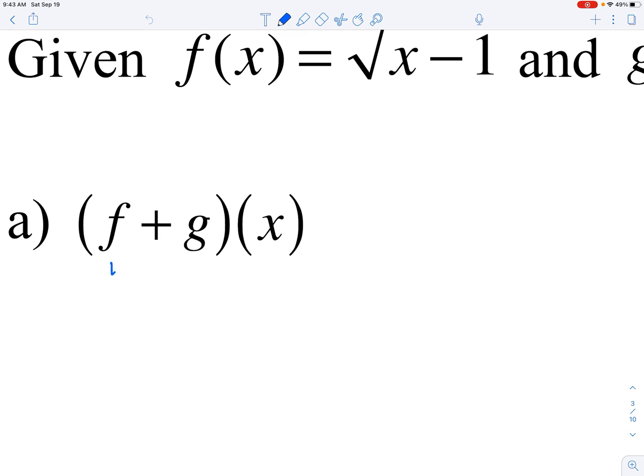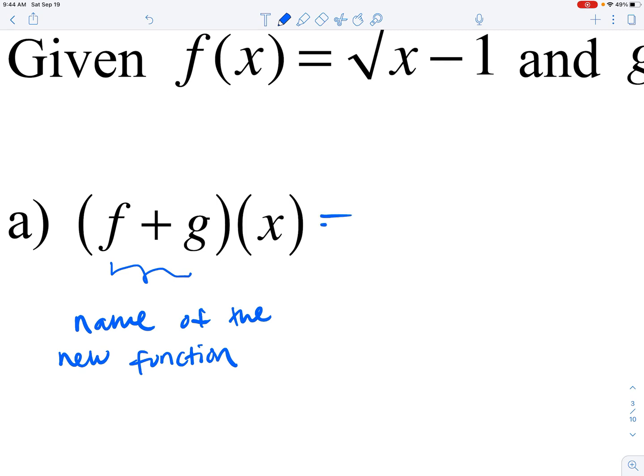The name of this new function would be f plus g, but we could name it something else, like h of x or t of x. But f plus g is the name of the new function that we get from adding those two functions together.